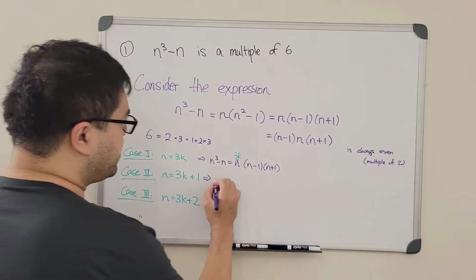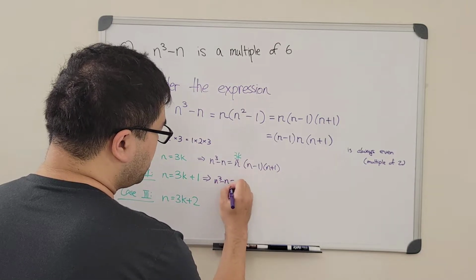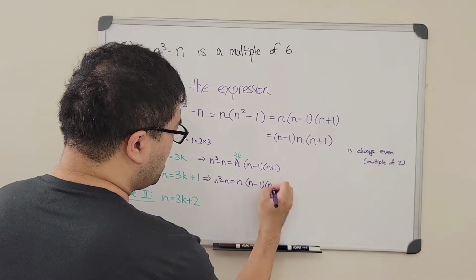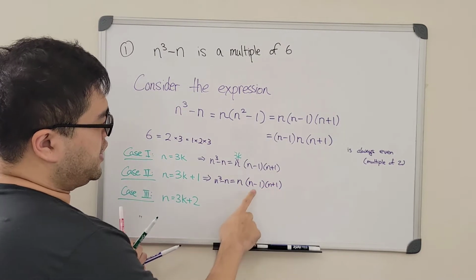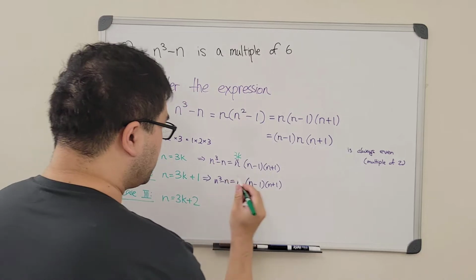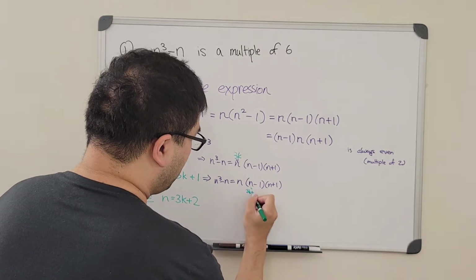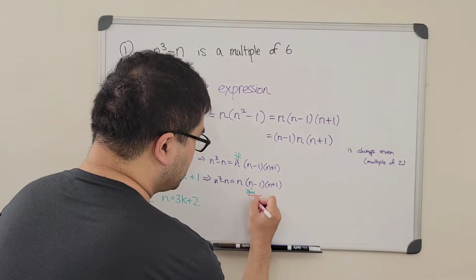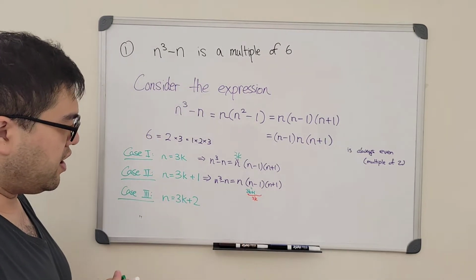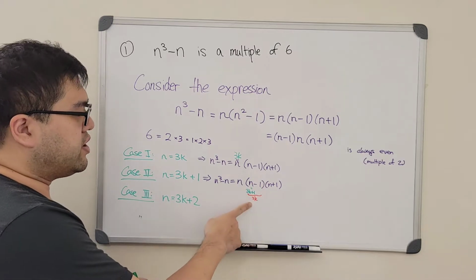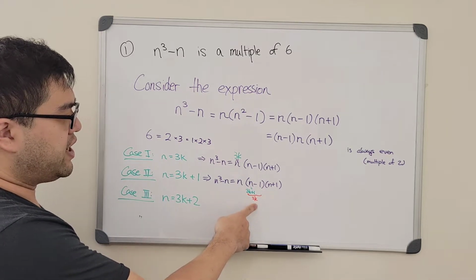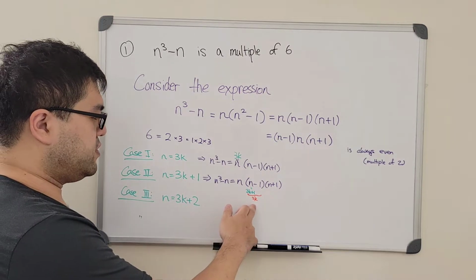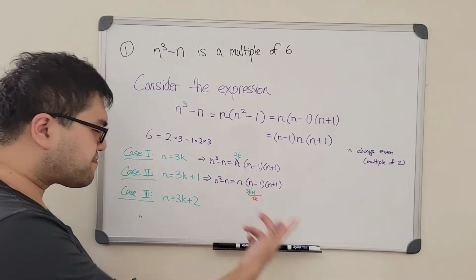Similarly, in case 2, if we substitute in, we get the middle term here, n minus 1, which is the same as 3k plus 1 minus 1. And if we simplify it, this whole thing turns out into 3k. It's also a multiple of 3 because now we see that it is 3k times some other integers, meaning that it is divisible by 3 here.